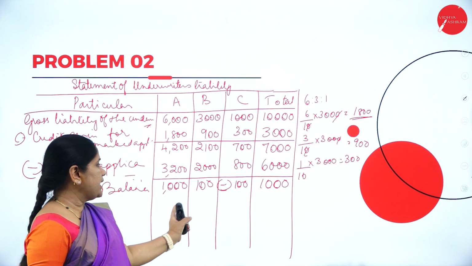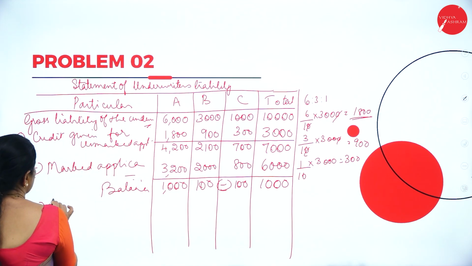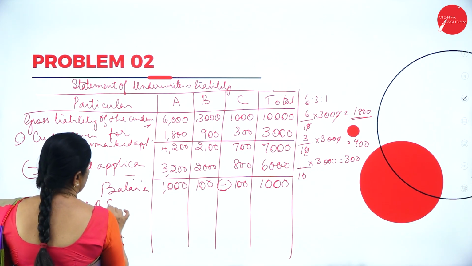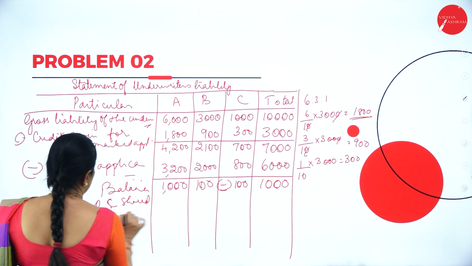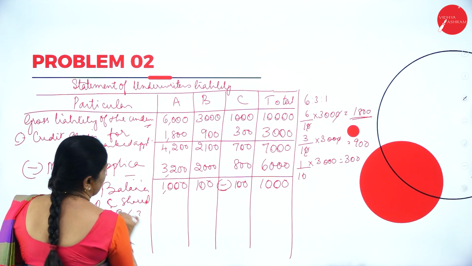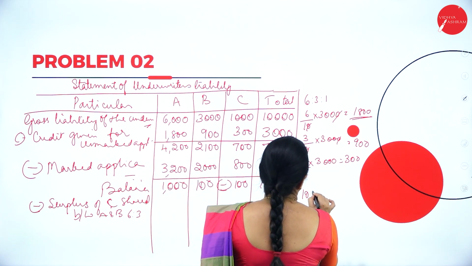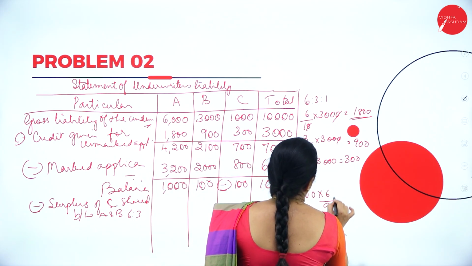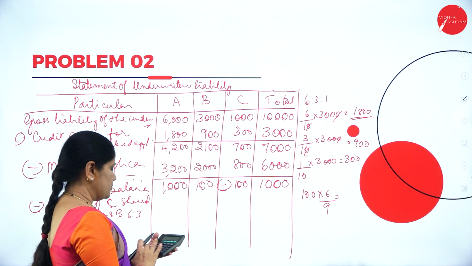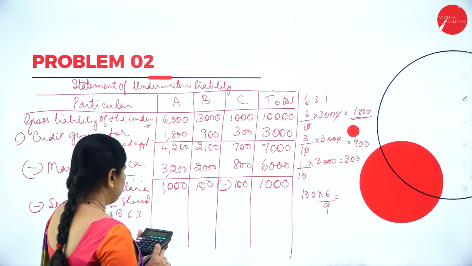So I have to divide it among A and B. So this surplus of C is shared between A and B in the ratio of 6:3. So this 100 into 6 by 9 or 1 by 3. So this will be equal to 100 divided by 3. So this will be 33.33.